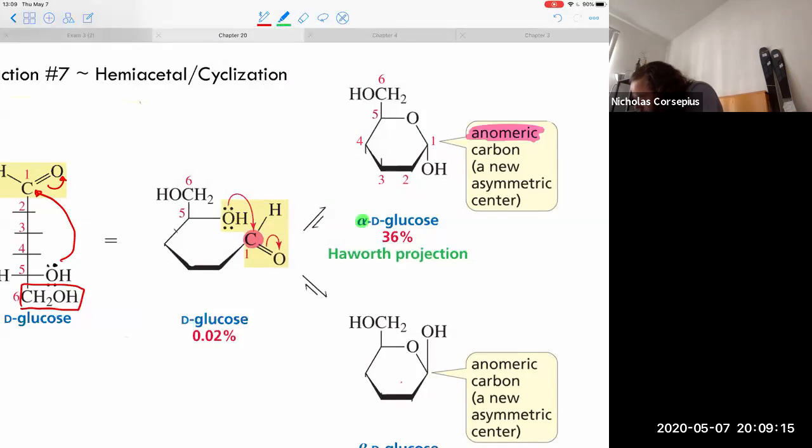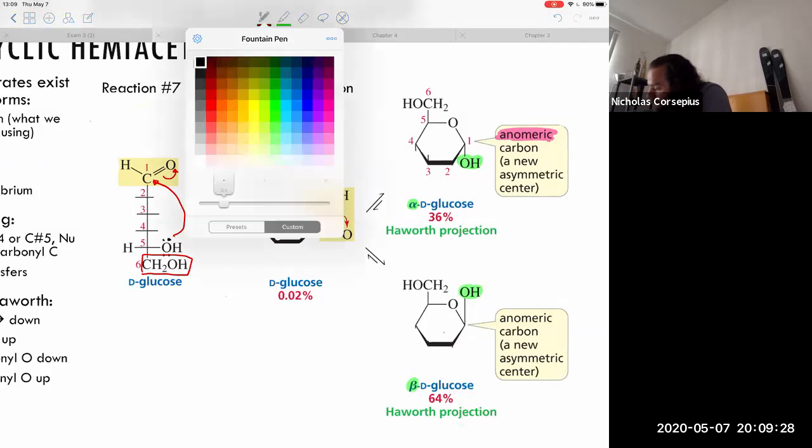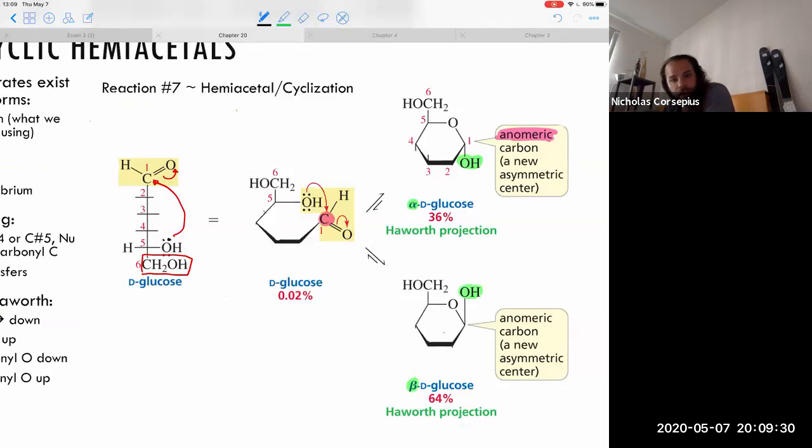of the alpha, which is when that OH group is pointing down, or the beta, which is when the OH group is pointing up. I don't have a good way to remember this, but that's just something that we have to know. So somebody come up with a silly anagram for alpha is down, beta is up.